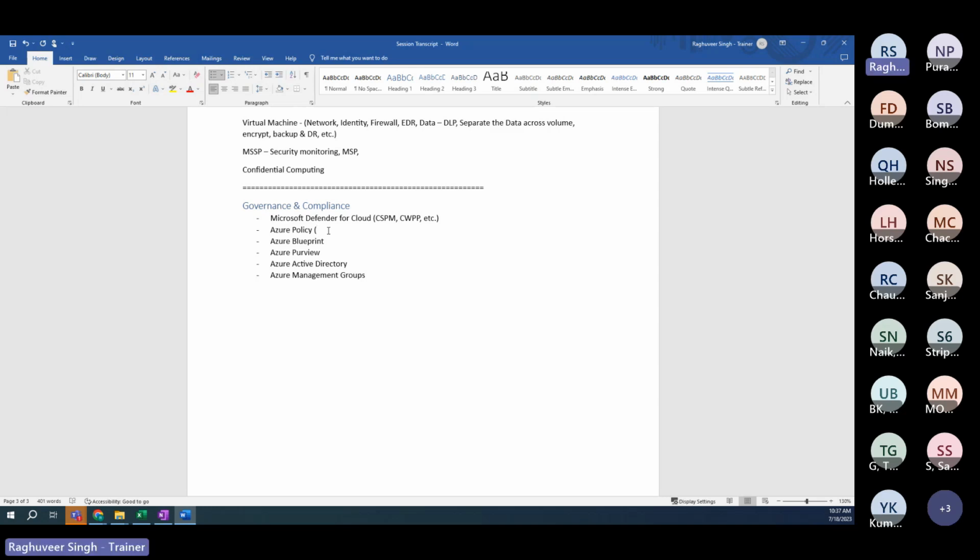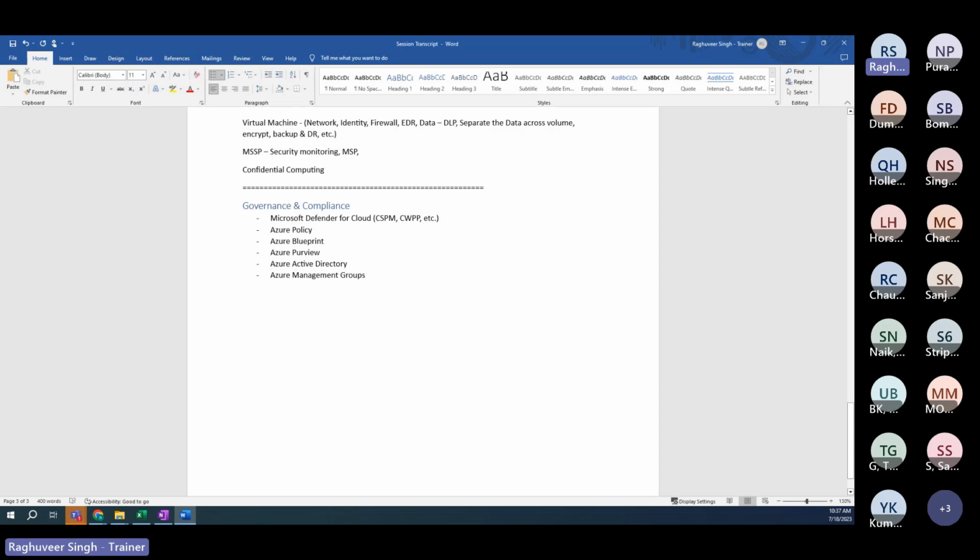Or you have a policy that some storage accounts which are hosting mission critical data, nobody should be able to delete those storage accounts. Nobody should be able to provision a new storage account. So if you want to enforce some standards and assess the current level of compliance against that standard, the service is Azure Policy. Similarly, you have the Blueprint service, you have the Purview service.